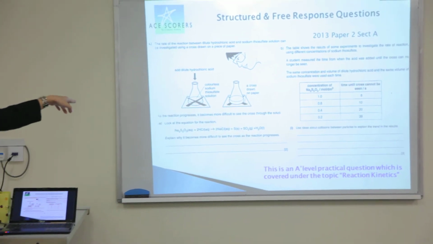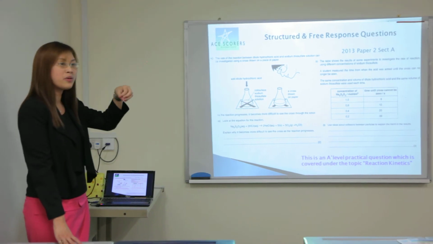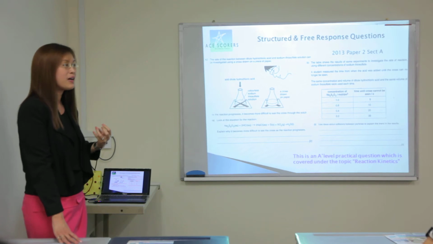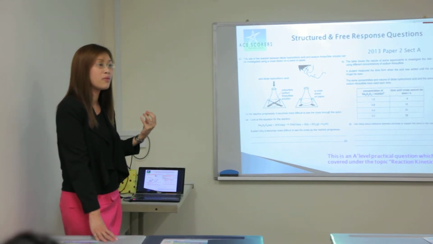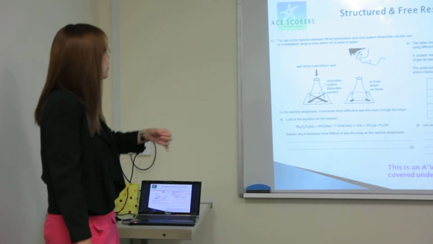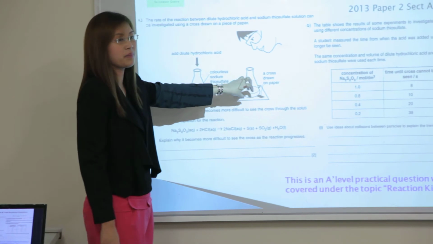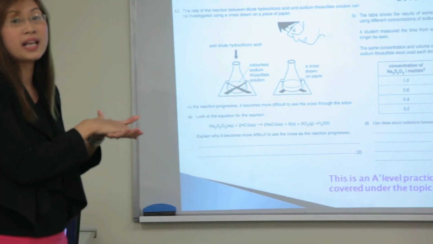So when we add the sodium thiosulfate and the hydrochloric acid together, they will form a powder, or in chemistry terms we call that a precipitate. How fast the powder forms will signify the rate of the reaction. So you see a cross here; once the powder is formed, the cross will slowly disappear because it's being covered by the powder or the precipitate.